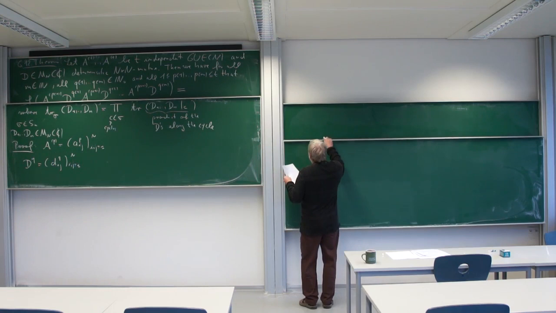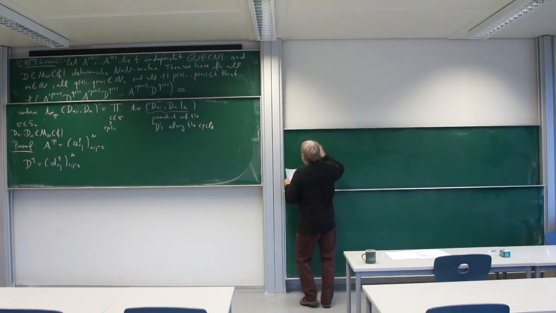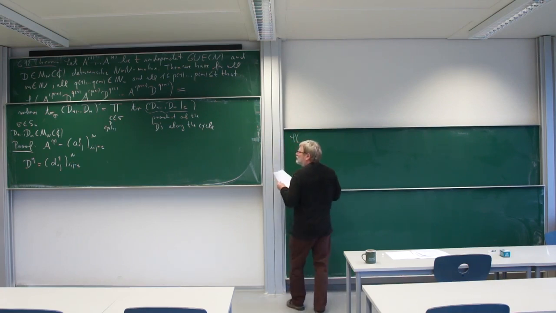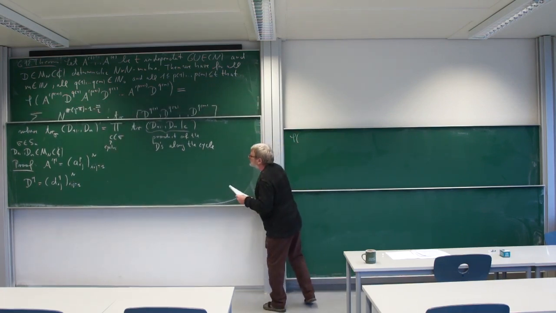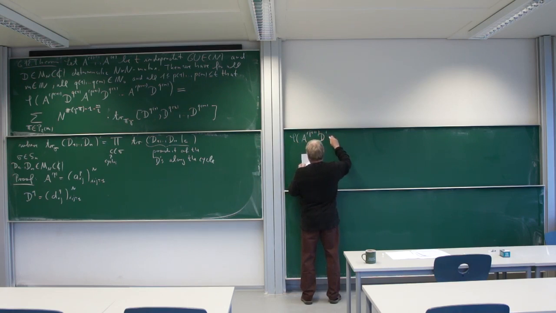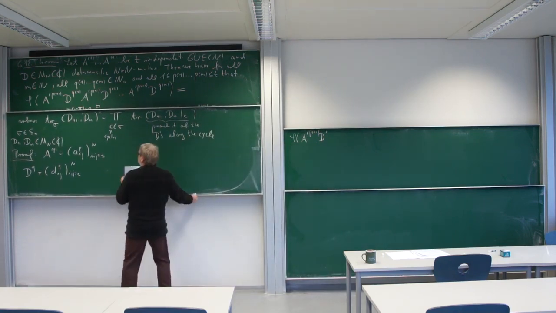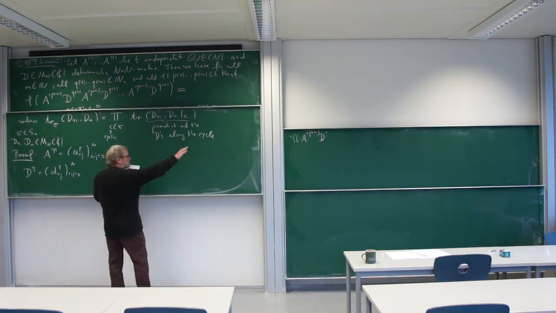we have to calculate. So what do we have to calculate? We have to look at this mixed moment. Let me write what we want to calculate here, and then I continue there.